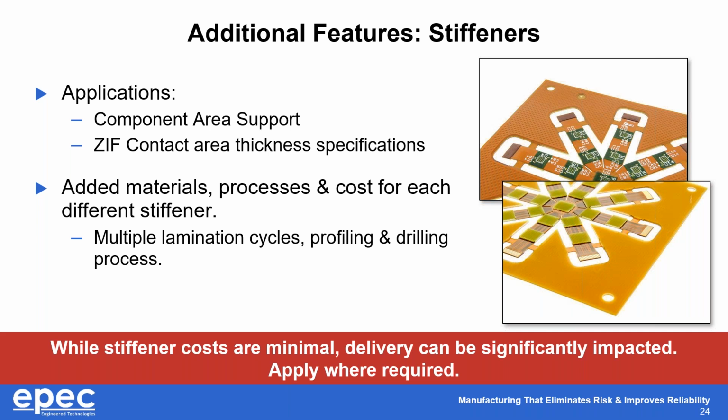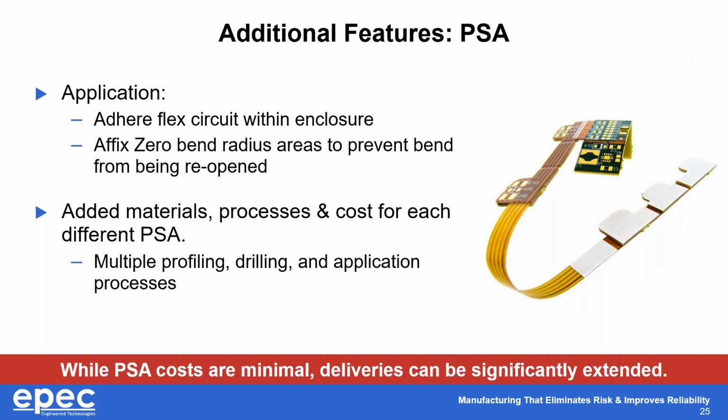So while the cost of the stiffeners themselves are minimal, the delivery can be significantly impacted. And again, we work with our customers to ensure that stiffeners are applied where they're required. Another common element are PSAs, or as I mentioned before, double-sided tapes.